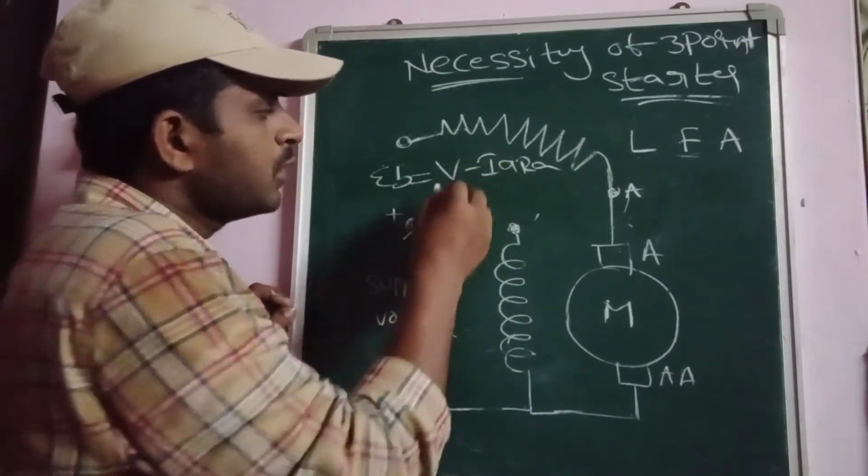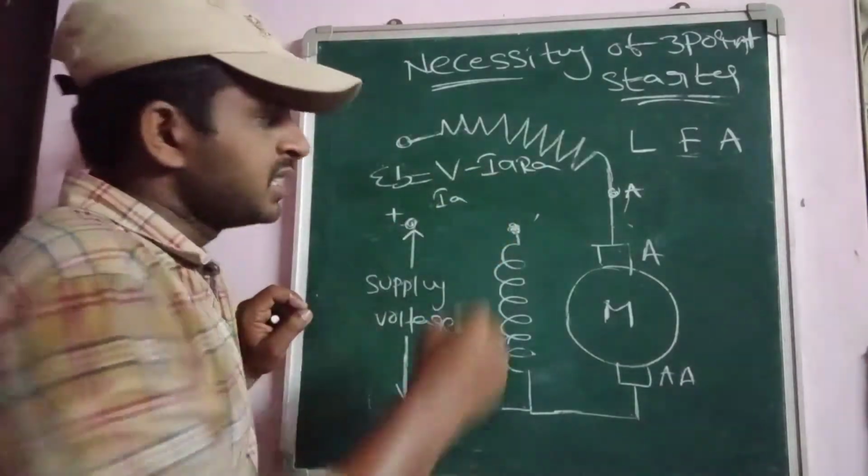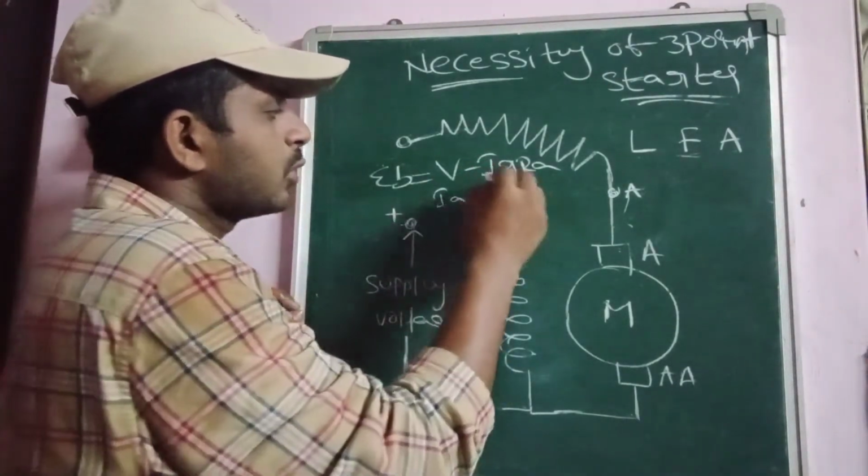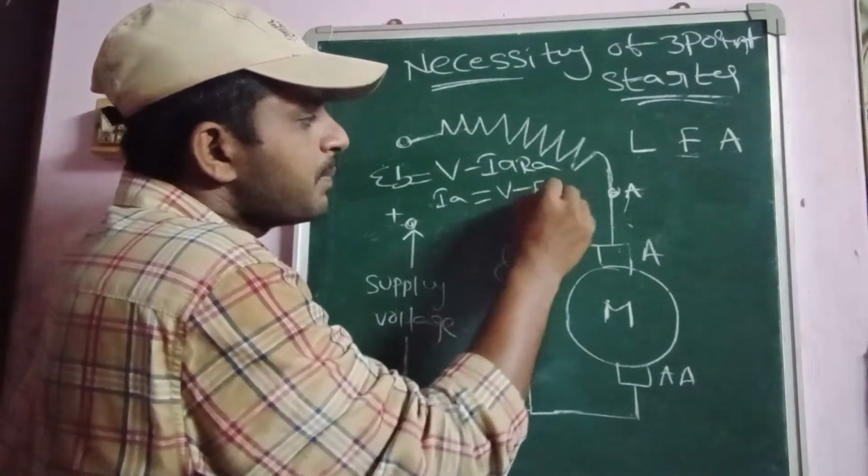From this, if we want the armature current IA, we can write IA is equal to V minus EB by RA.